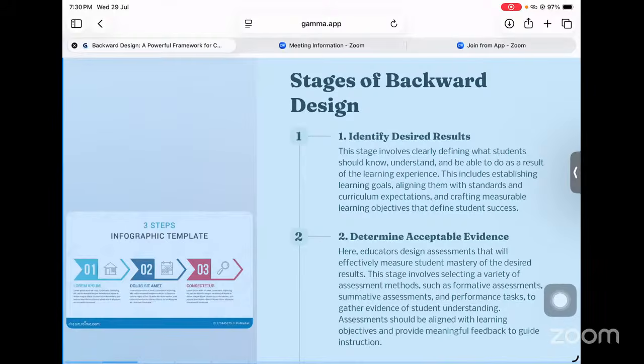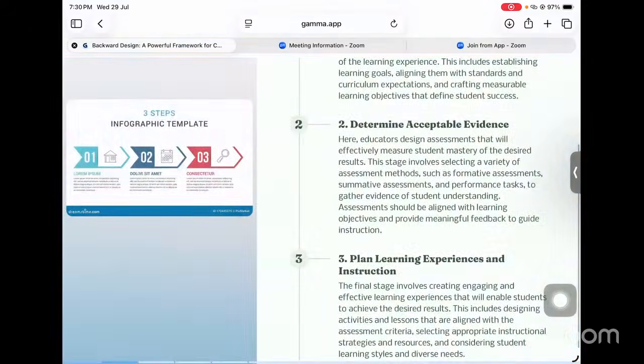Once you do that, the second stage is determining acceptable evidence. What are the evidences that you need to effectively measure what the students have understood because of teaching this unit? That is your assessments. You will have to think about different types of assessments, formative assessments, summative assessments, and these assessments have to be aligned with your learning objectives.